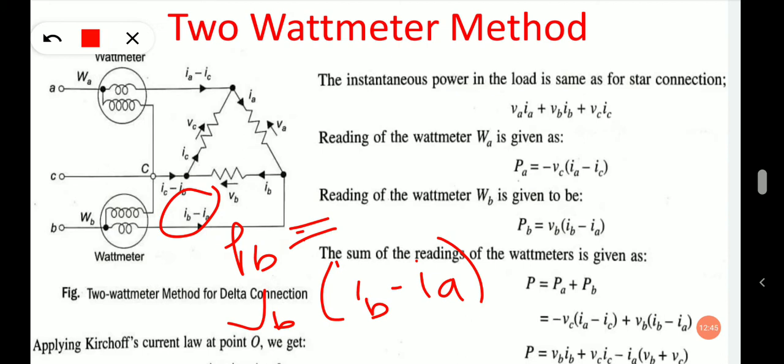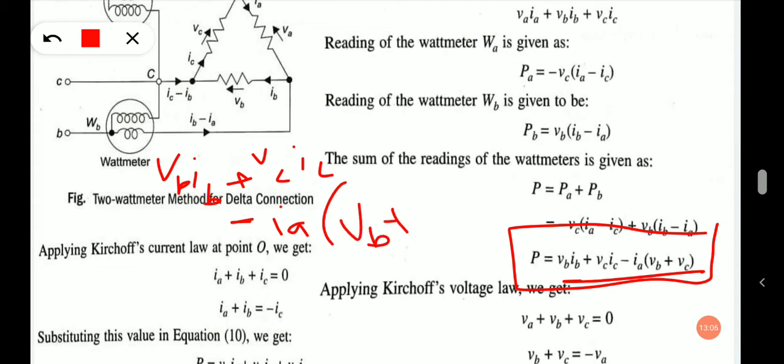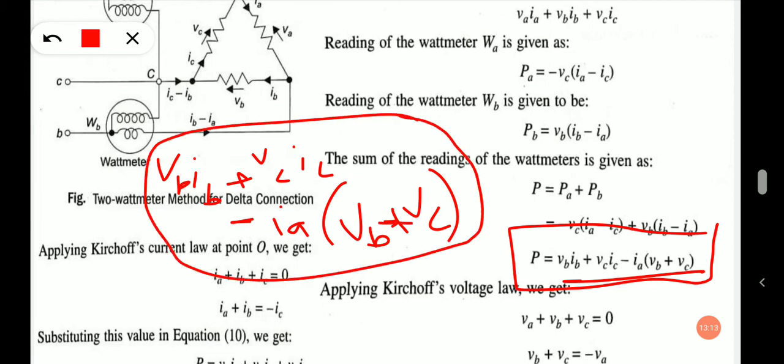After taking the sum of PA and PB, we get P equals VB IB plus VC IC minus IA times (VB plus VC). So we get this as the sum of the two readings, PA plus PB.